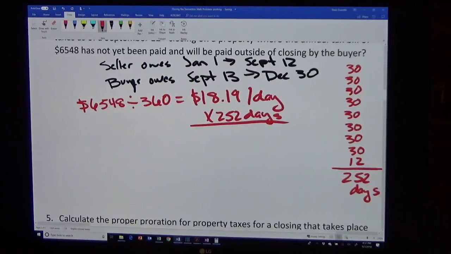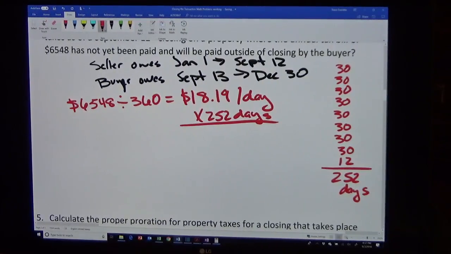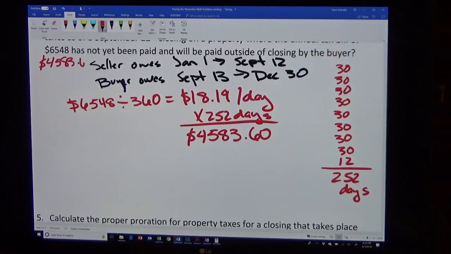And that's going to be $4,583.60. Of course, that's the seller's share. So that means we can always do the buyer's share by just subtracting.